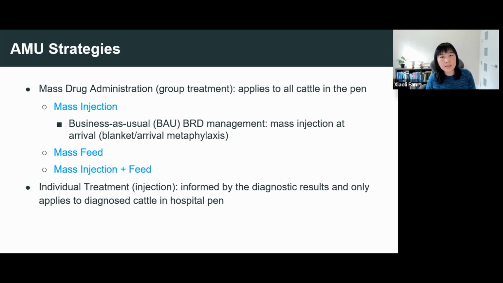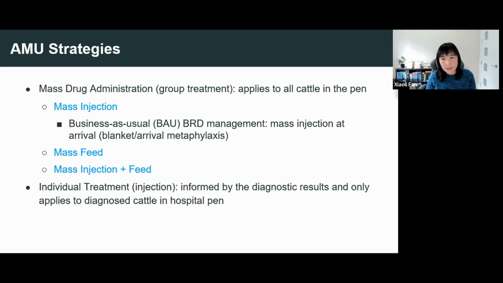And then another group of strategies are the individual treatment strategies. And we assumed that for the individual treatment ones, there are only injectable antimicrobials. We exclude the water and the feed for individual treatments.